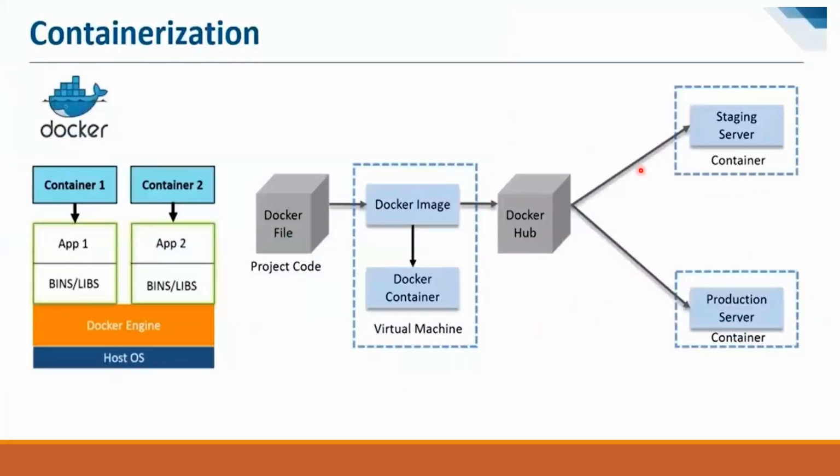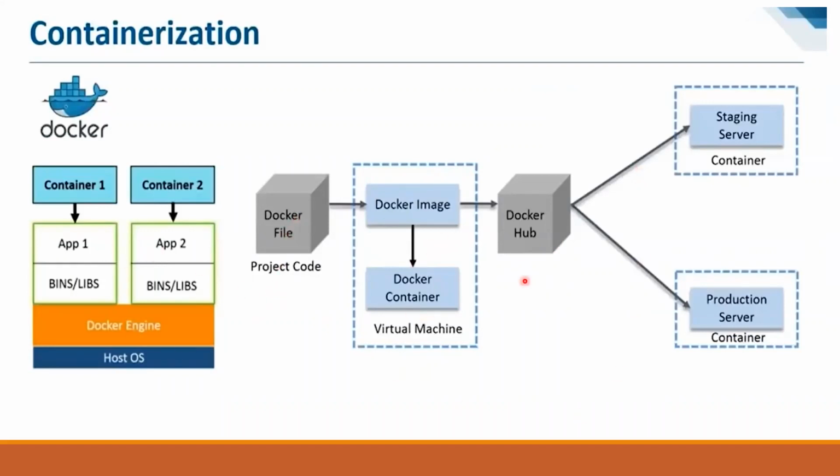Something like containerization. I already told you before: physical, virtualization, containerization. We'll deploy our application in a small part, something like a Docker container. It will be your OS and Docker. The container will be 700 MB, something below 1 GB. So these are the containers.